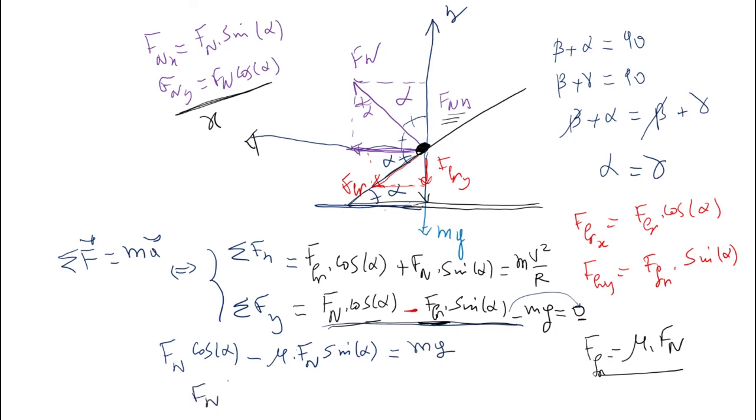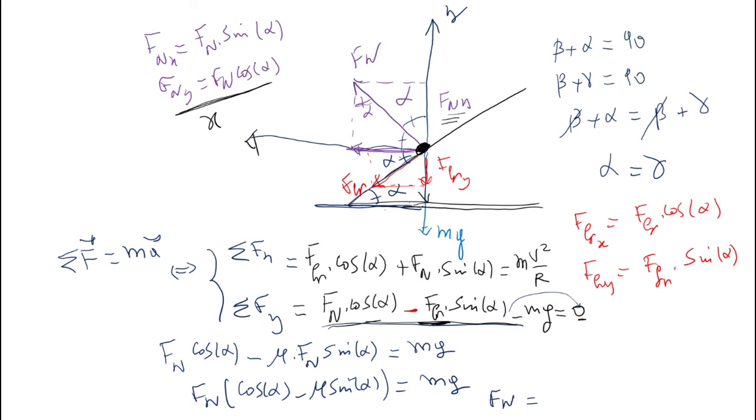If I put the normal force outside, it will be times cosine of alpha minus mu sine of alpha, equal to mg. So the normal force will be mg over cosine of alpha minus mu sine of alpha.